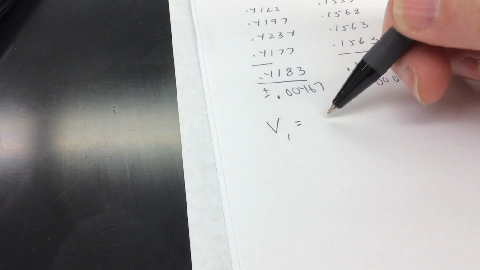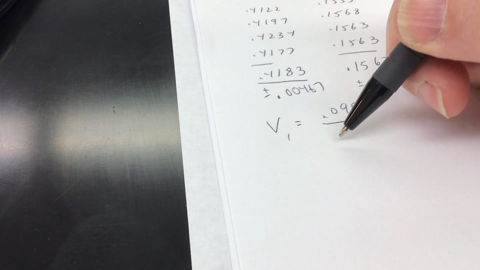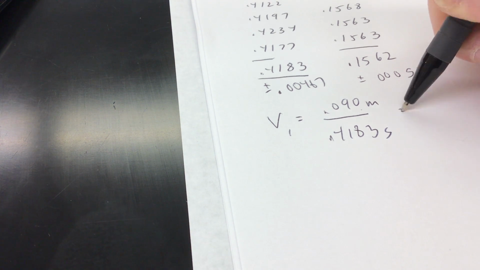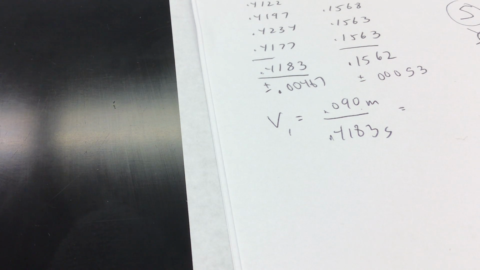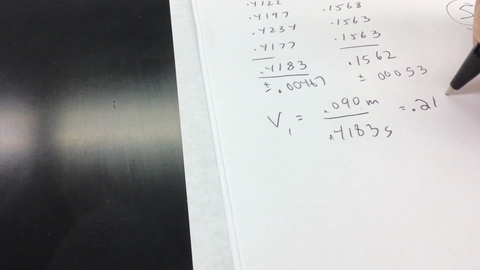So V1 is the distance, which is 0.090 meters, divided by the average time, which is 0.4183 seconds. So V1 becomes 0.09 divided by 0.4183, the average. So I get 0.2152 meters per second.